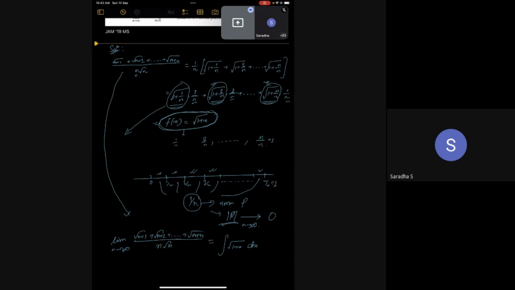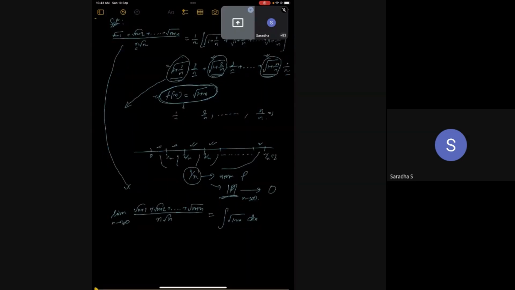Now, the tricky part here is what are the limits of this integral? To find the limits, just look at the first point of the partition, 1 by n. As n goes to infinity, 1 by n goes to 0. This is the first point of the partition, so our lower limit will be 0.